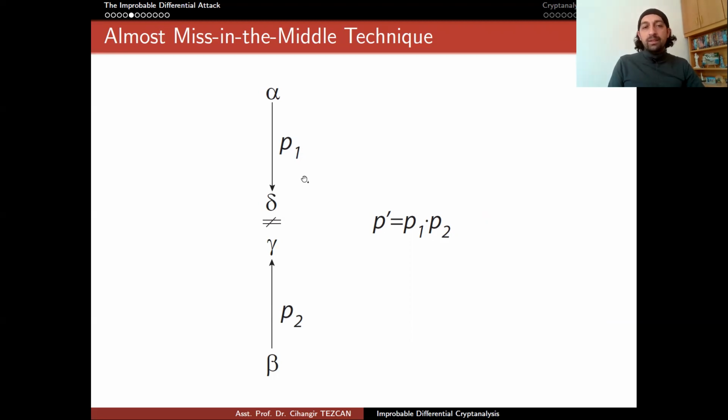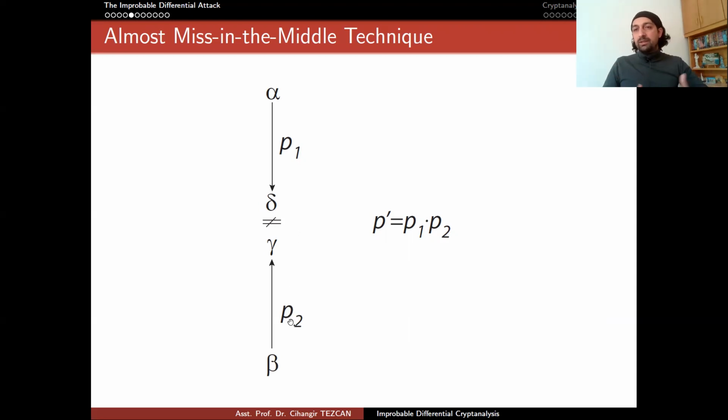So we are saying that instead of using probability 1 differentials here, make them something very close to 1, so that most probably they will follow this path. Alpha will go to delta difference with probability P1, and beta would come from gamma difference with probability P2.